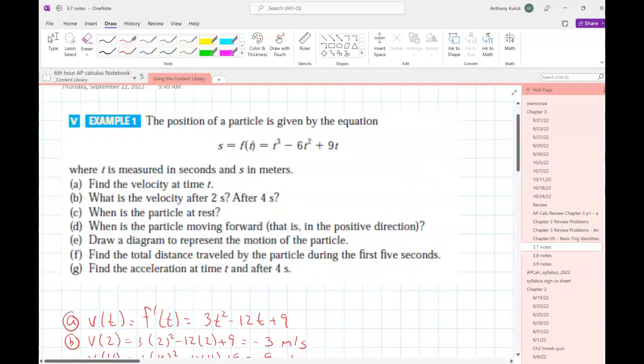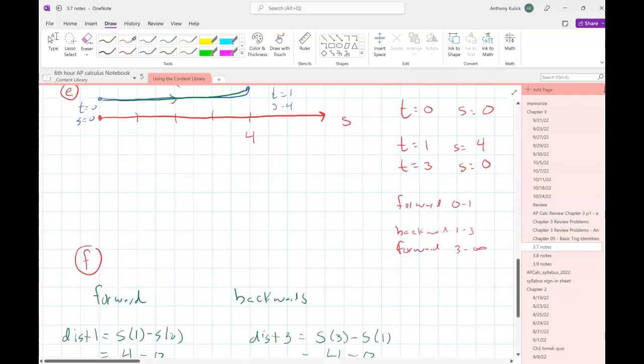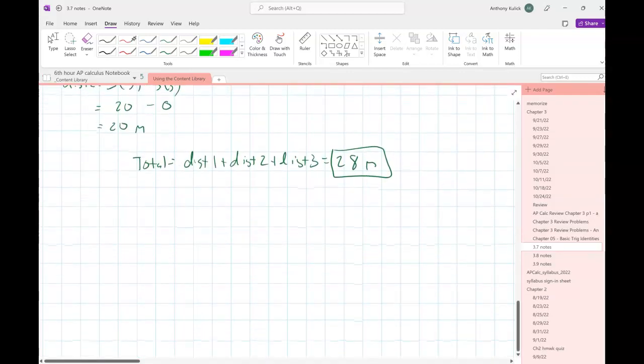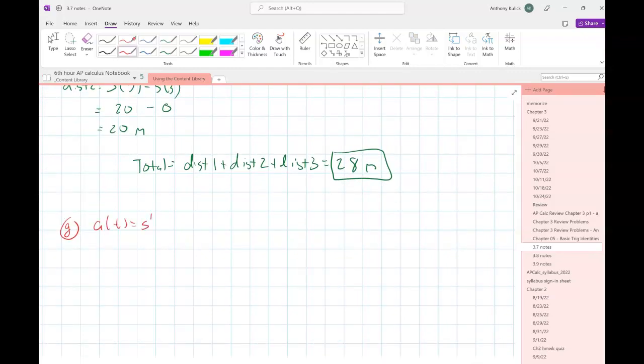Part G then says find the acceleration at time t after 4 seconds. Great. So I know the acceleration is the second derivative of position or the first derivative of velocity. That's probably where I would think about it from.